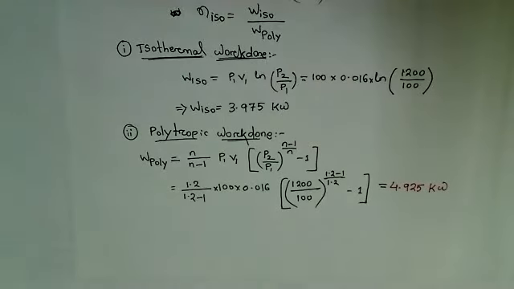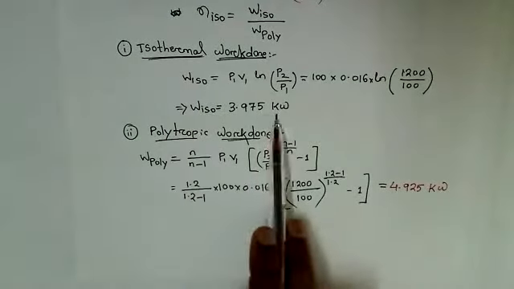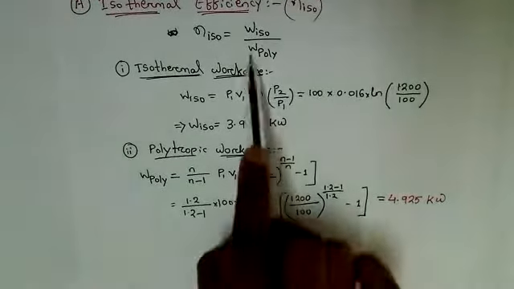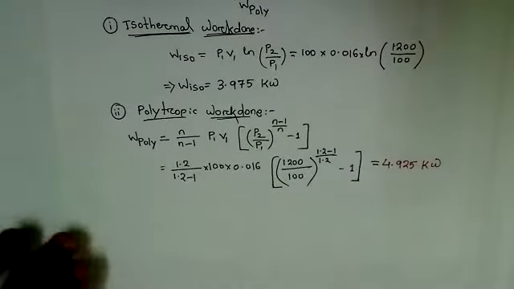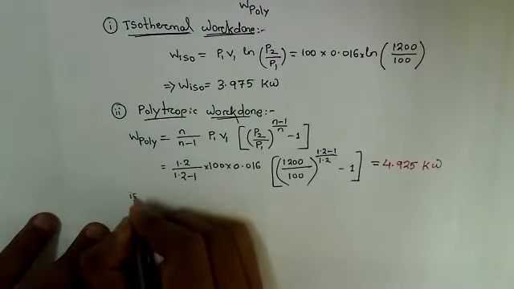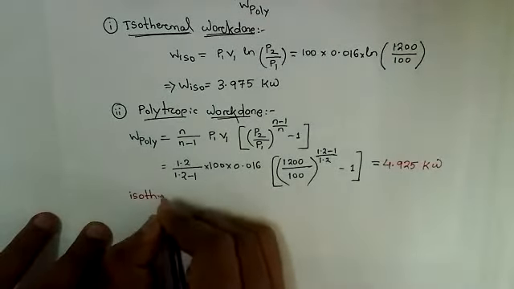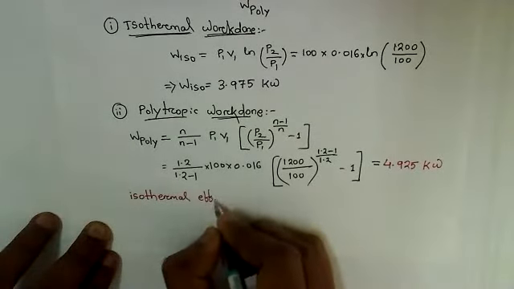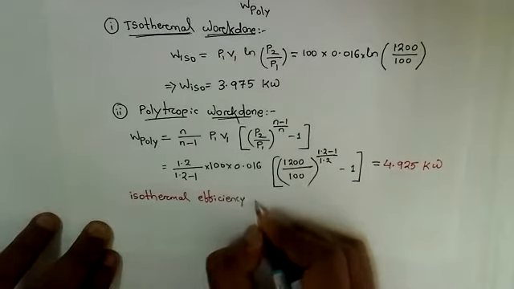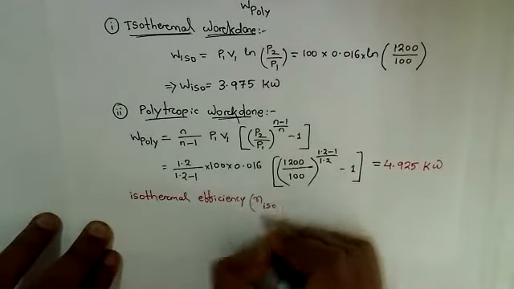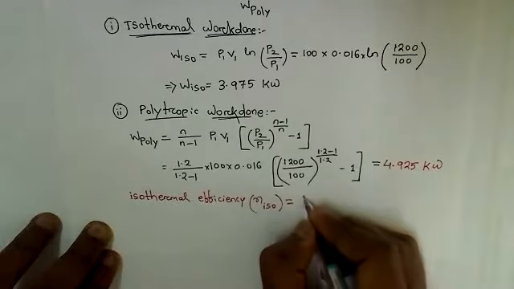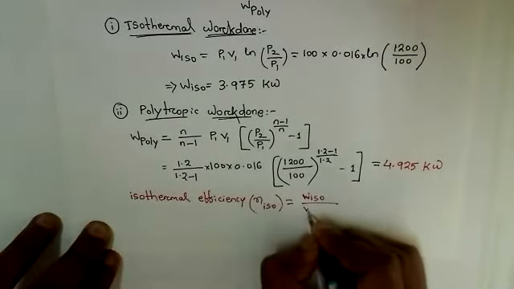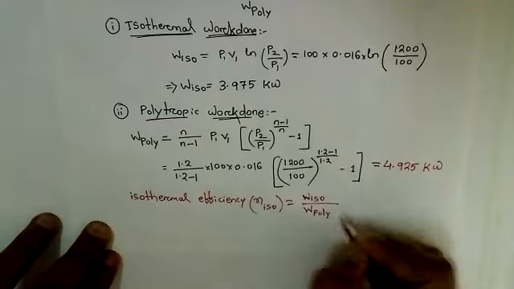kilowatts. Okay, so we have calculated the isothermal work done and the polytropic work done. Then we take the ratio between these two and we get the isothermal efficiency. Isothermal efficiency eta iso is equal to isothermal work done divided by polytropic work done.